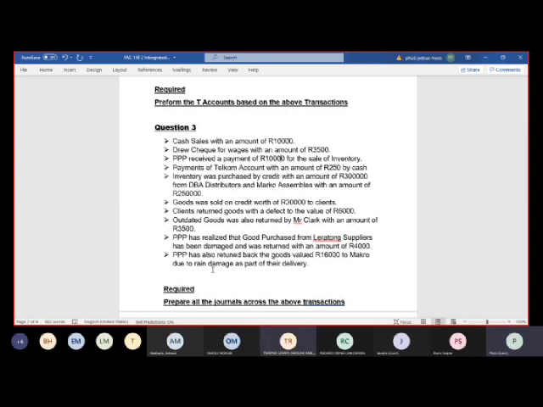Wages and salaries don't attract VAT. When you face this kind of transaction and you're required to do the CPJ, you put the check number as your details, and then bank with an amount of 3,500 rand.